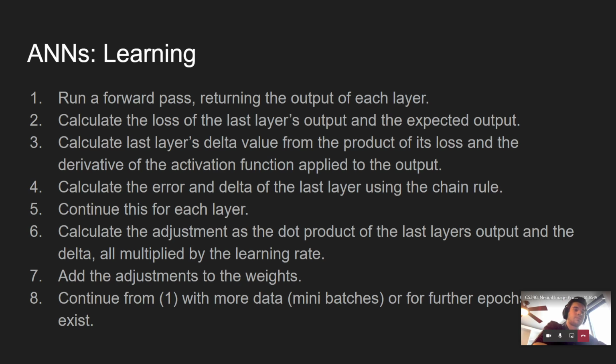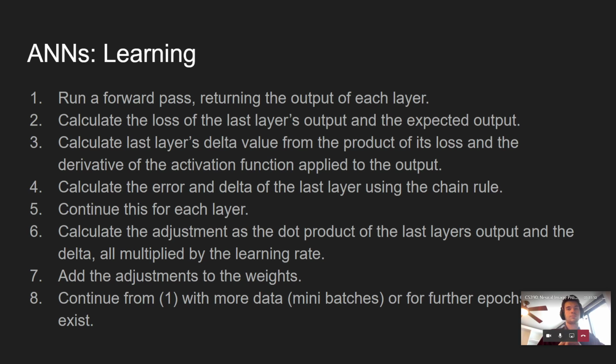And if you want to look at a slightly bigger picture, when we're doing any sort of neural network learning, we're going to run a forward pass, returning the output of each layer. We're going to calculate the loss of the last layer's output versus the expected output.